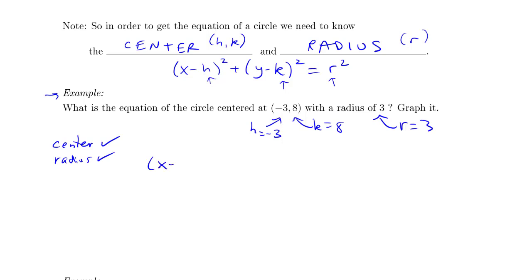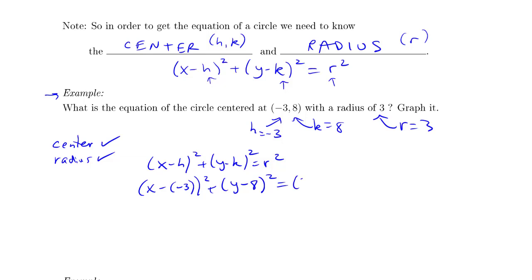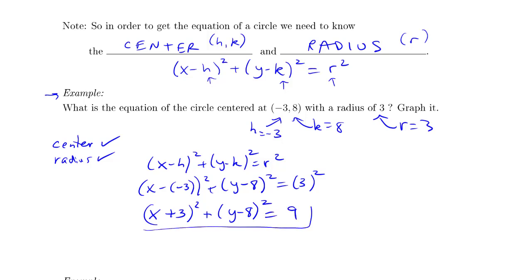So I should be able to just use (x minus h) squared plus (y minus k) squared equals r squared. In other words, (x minus -3) all squared plus (y minus 8) all squared equals 3 squared. Simplifying, (x plus 3) squared plus (y minus 8) squared is 9. There is the equation of my circle.